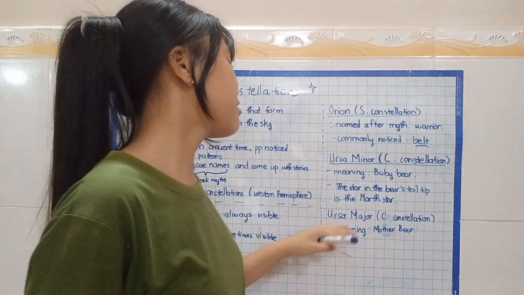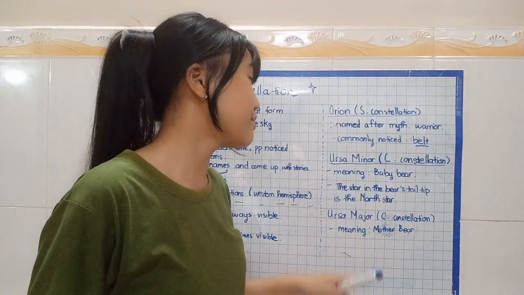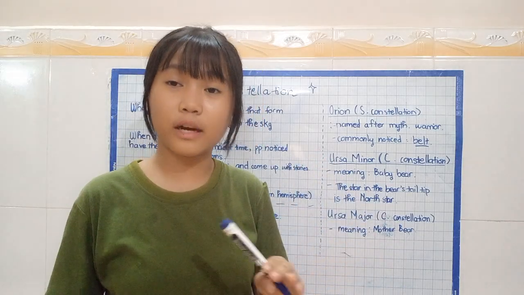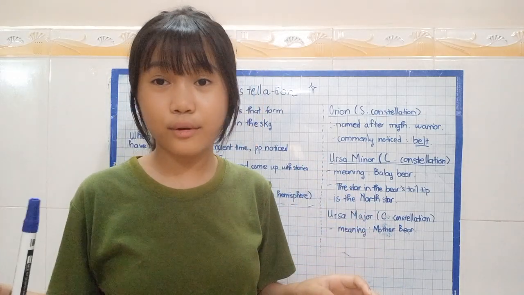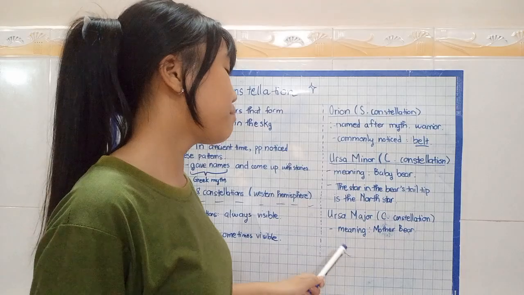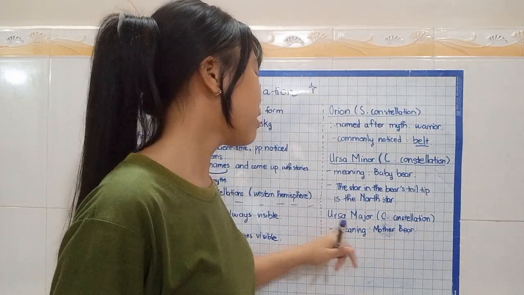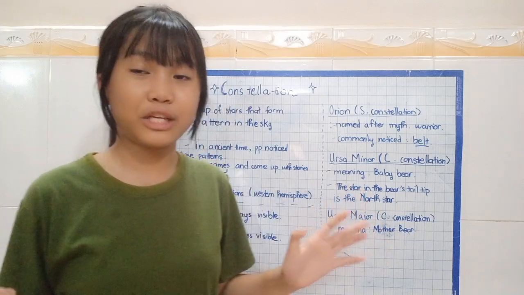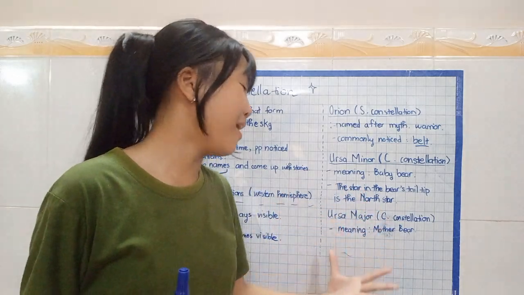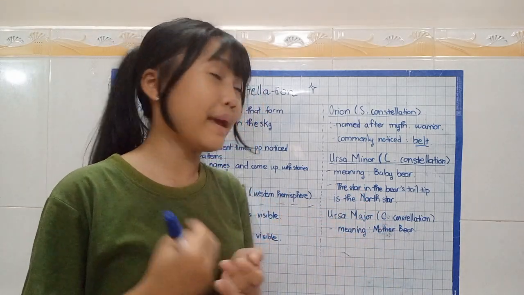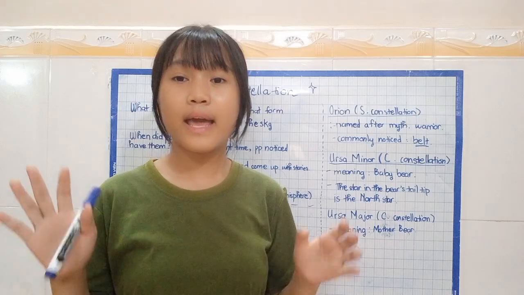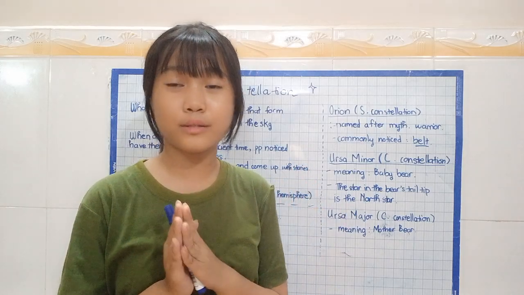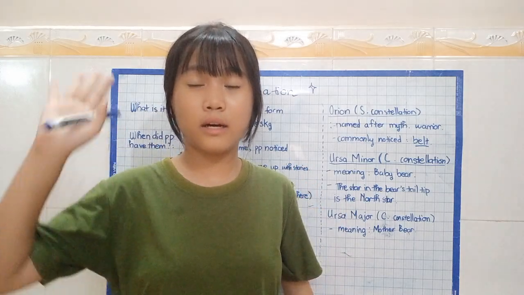Next is Ursa Major. Ursa Major is also a circumpolar constellation, which means that you could always see it in the sky. It means mother bear. Ursa means bear, major means large, so we have major bear, mother bear. Ursa Major and Ursa Minor are really close to each other in the sky.